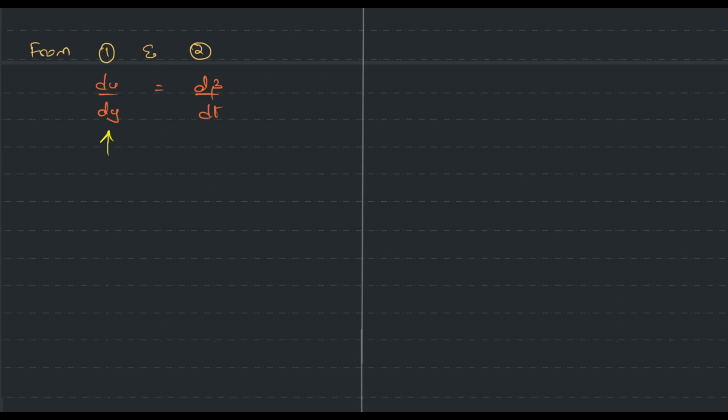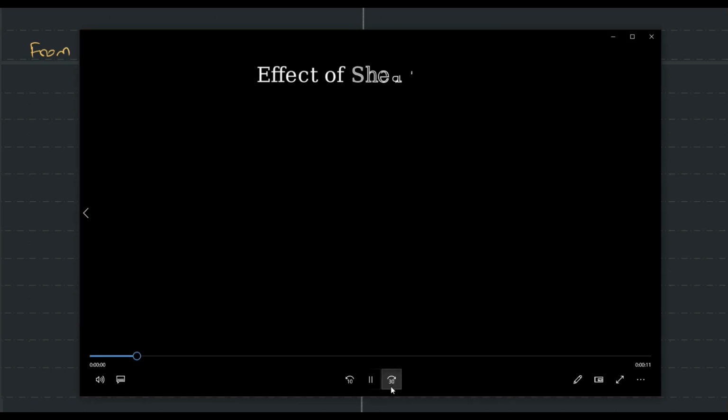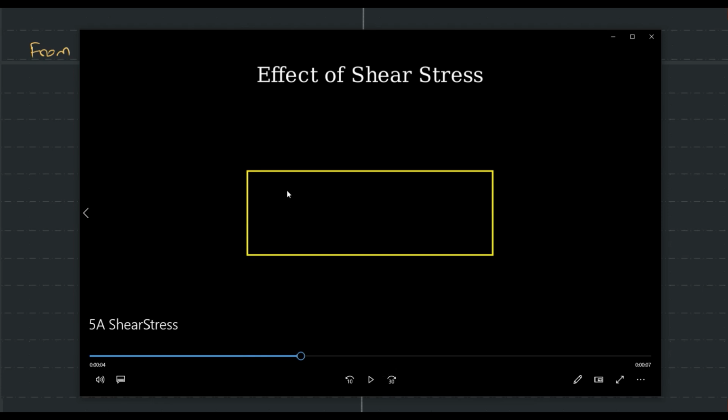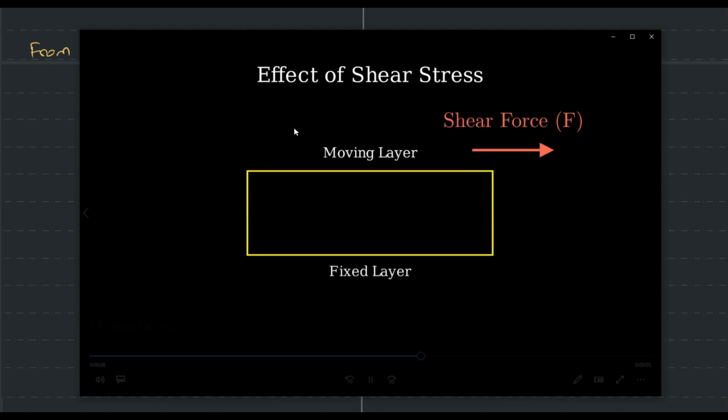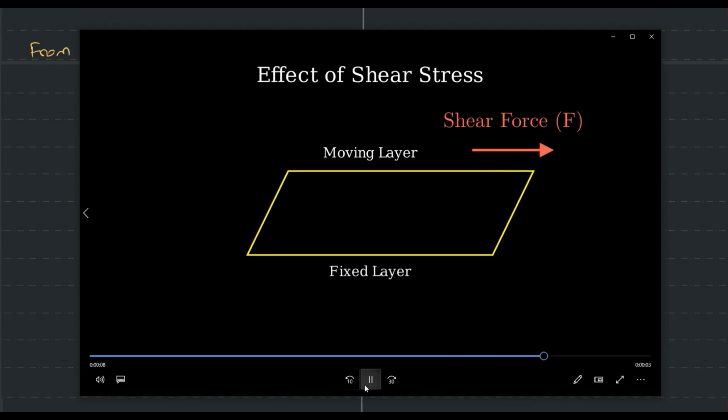Actually, I had a video for you guys. I forgot. So if I have a block of solid like this, and I apply a tangential force, say the bottom layer is fixed, what will happen to the surface or the object? It will shear like this.